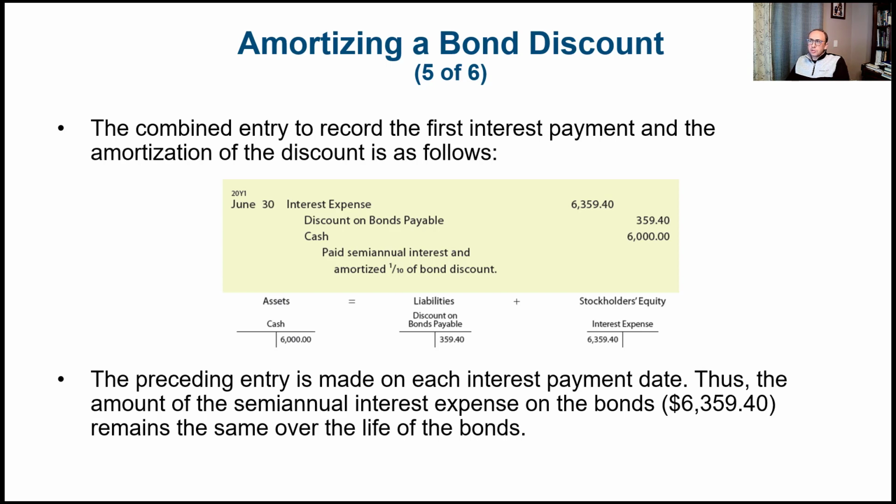So the combined entry to record the first interest payment and amortization of discount would be as follows. We're going to record the cash on the credit side, and I'm starting with the cash because that's the easy way to record this journal entry.